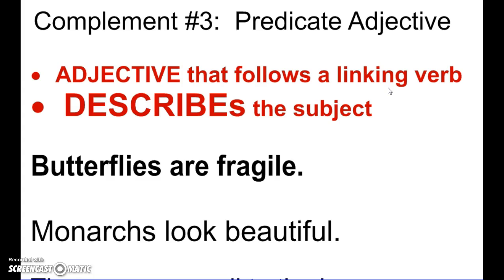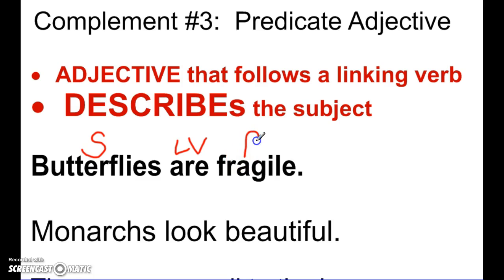So my example, butterflies are fragile. I can tell very quickly, no prepositional phrases here. So what's my subject? It's butterflies. Am, is, are, was, were. There's my linking verb, are. And I'm looking for a word that describes the butterflies or renames it.